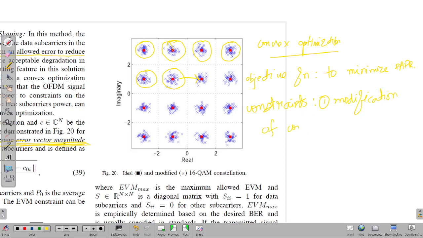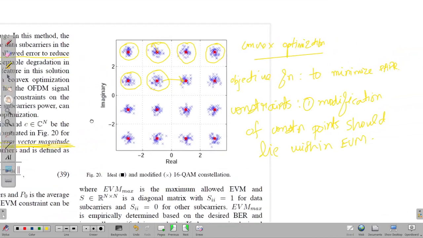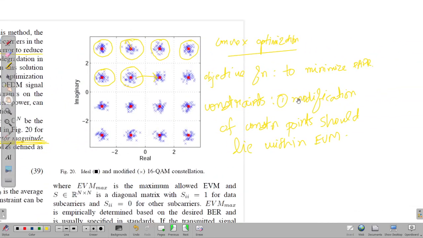The modification of constellation points should lie within the error vector magnitude. That could be the first constraint.